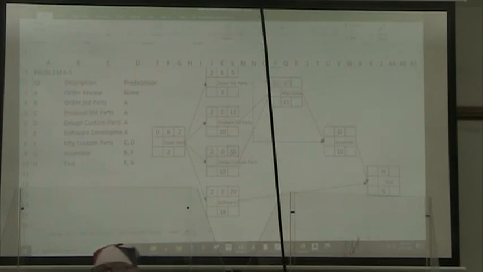Close parenthesis, Bob's your uncle. Therefore, our manufacture custom parts time becomes our early start time plus our duration.